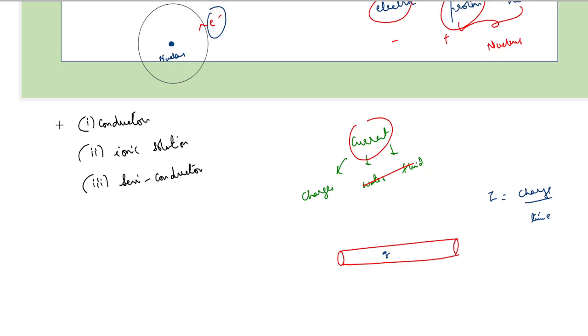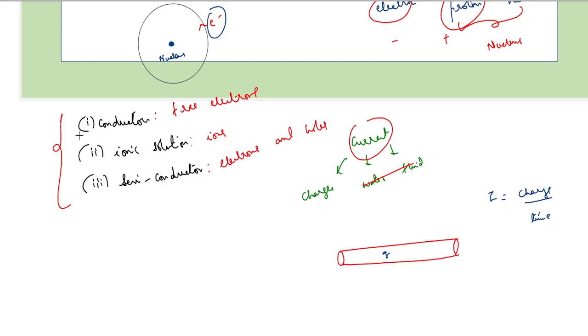In all the three cases, current will flow, but the cause is different. In case of conductors, it is the free electrons. In case of ionic solution, it is ions. And in case of semiconductor, it's electrons and then holes. We will see what these are when we take up semiconductors.